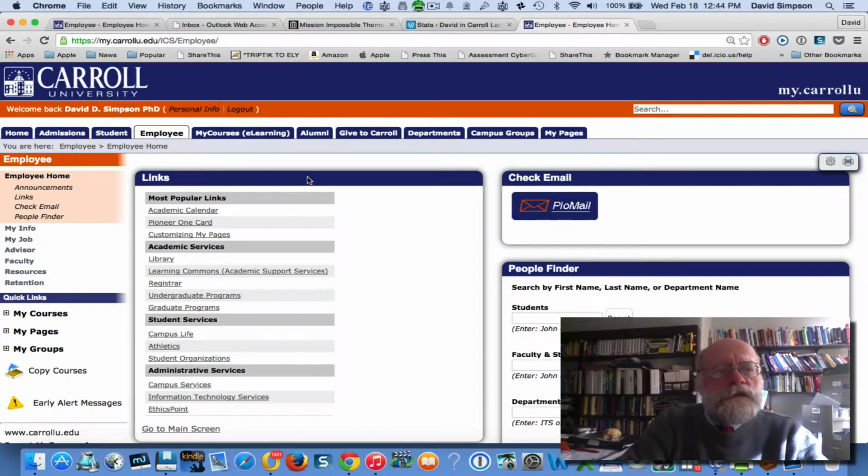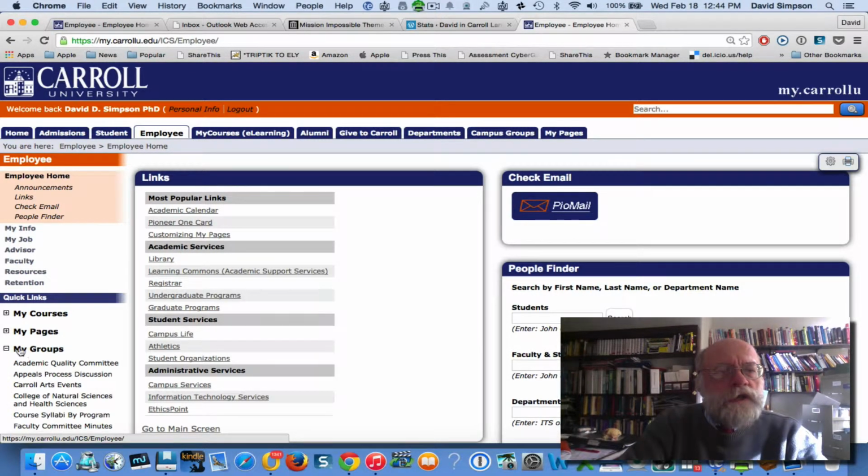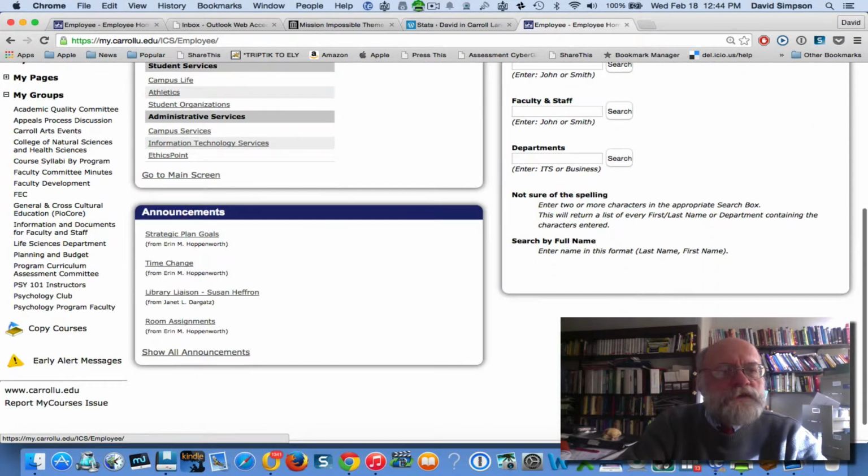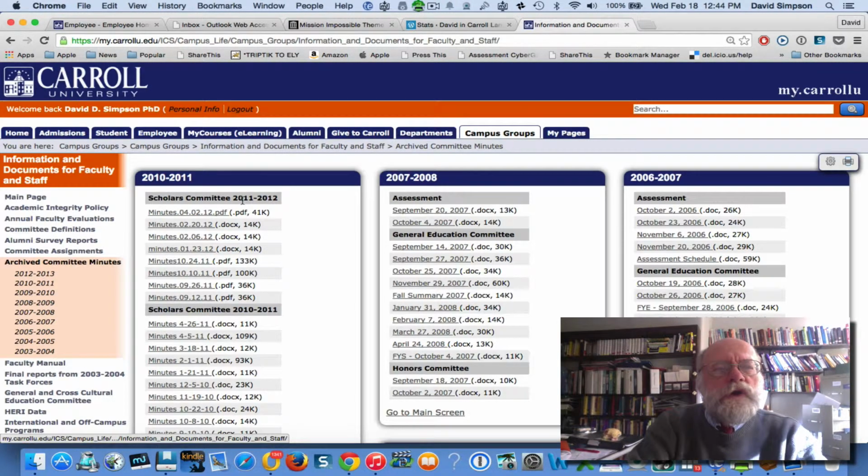And I guess there are a couple places I could go. One is I could go to my groups, because there often is data there. And I could go, for example, to information and documents for faculty and staff. That seems to be a reasonable place to go.